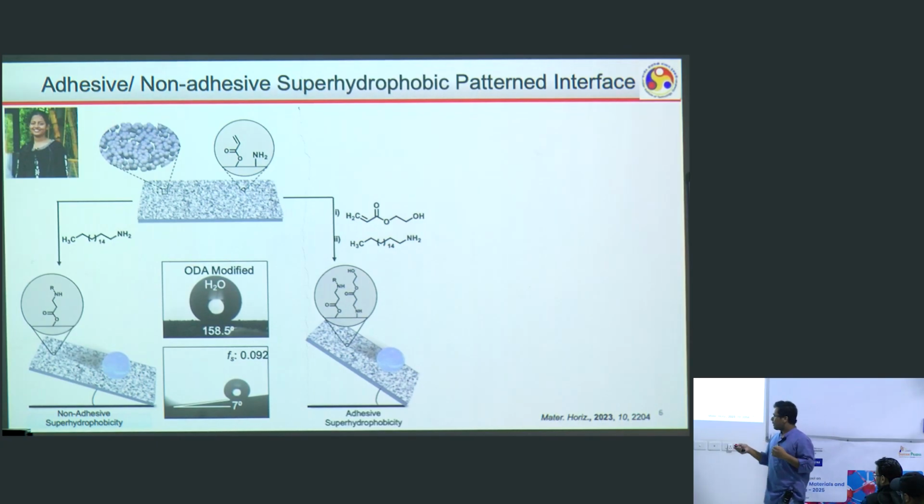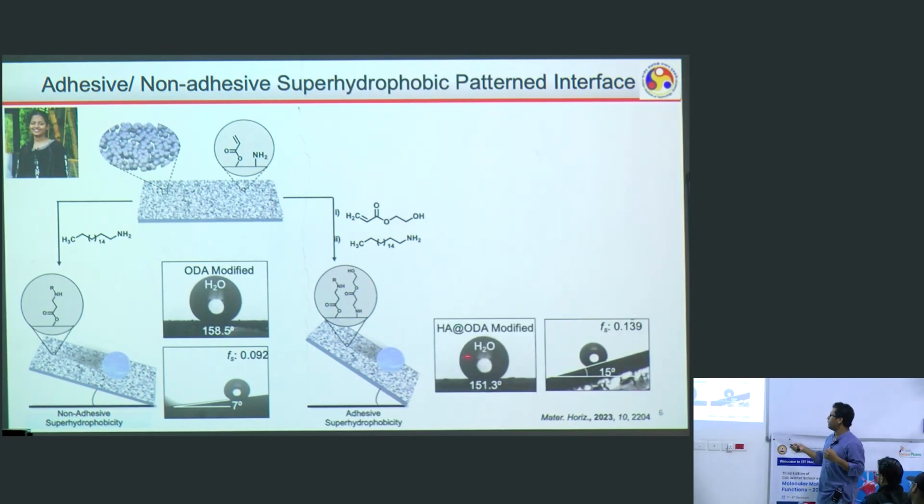But if you take the same interface and go for another successive modification with a hydroxyl acrylate, where the amine can react with the acrylate, then you are installing a hydrophilic group and it becomes adhesive superhydrophobic. As you can see here, contact angles still remain above 150, so you can consider them superhydrophobic.